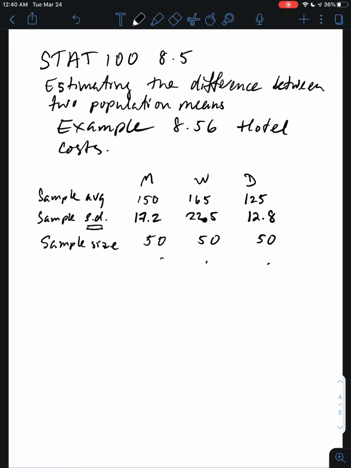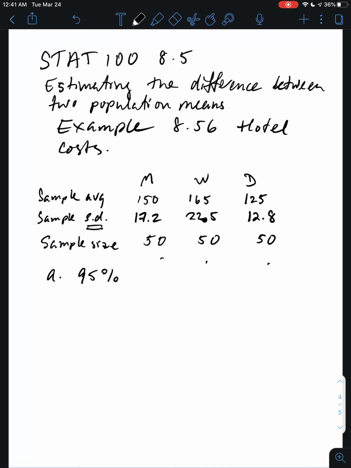All right, so let's now turn to the part A of this problem. Part A is to find a 95% confidence interval for the difference in the average room rates for the Marriott and the DoubleTree hotel chains. So I'm sorry, I said Marriott and Westin, but we're actually comparing Marriott and DoubleTree. All right, so Marriott and DoubleTree.